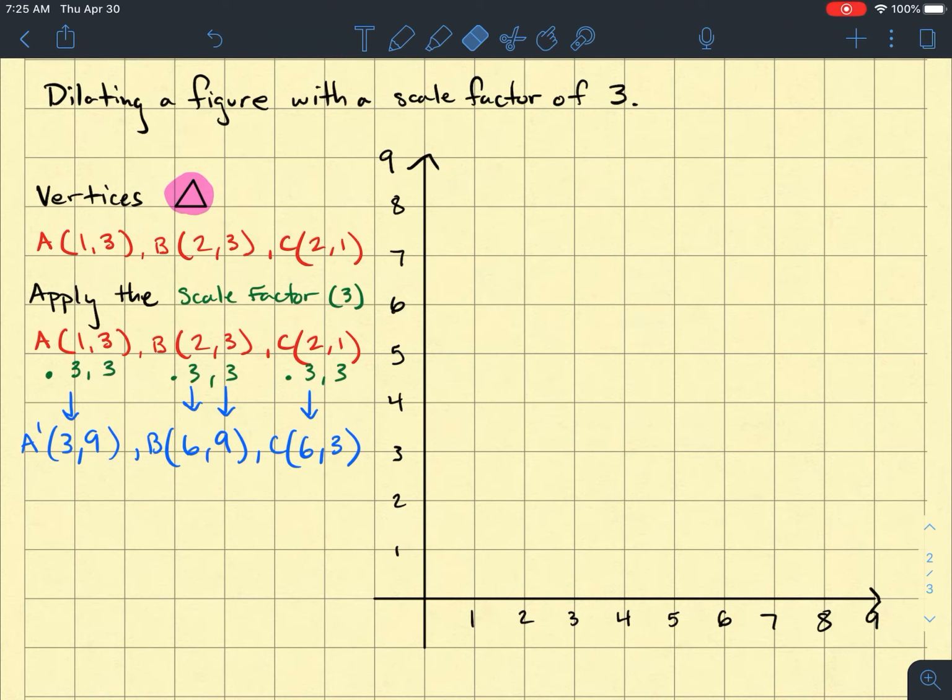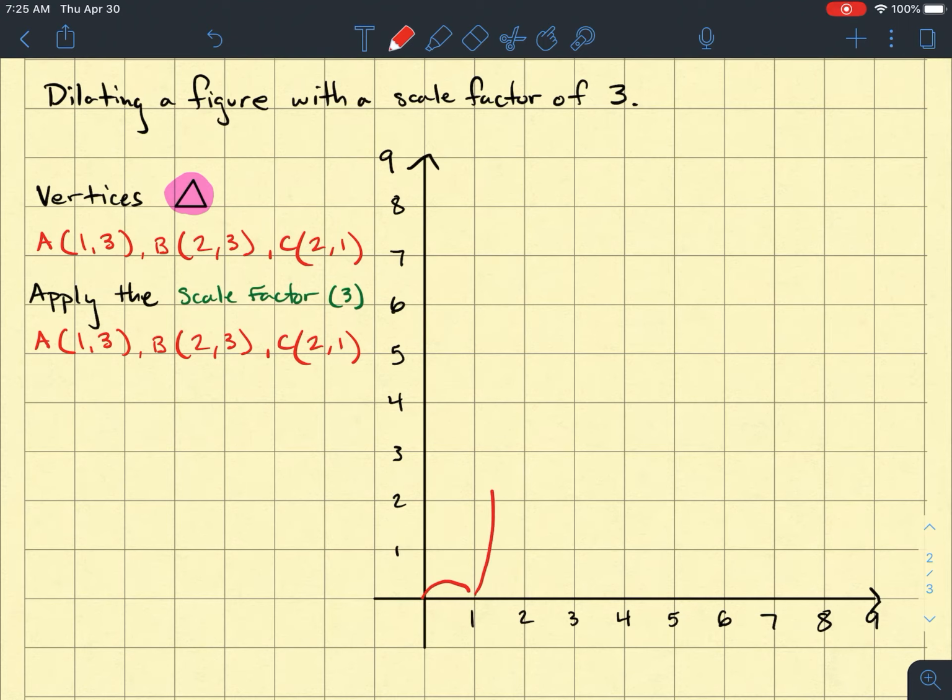But let's go through that together. Okay, let me erase this. Let's start putting our points for our original figure. A is at 1 and 3. So this is A. B is at 2 and 3.